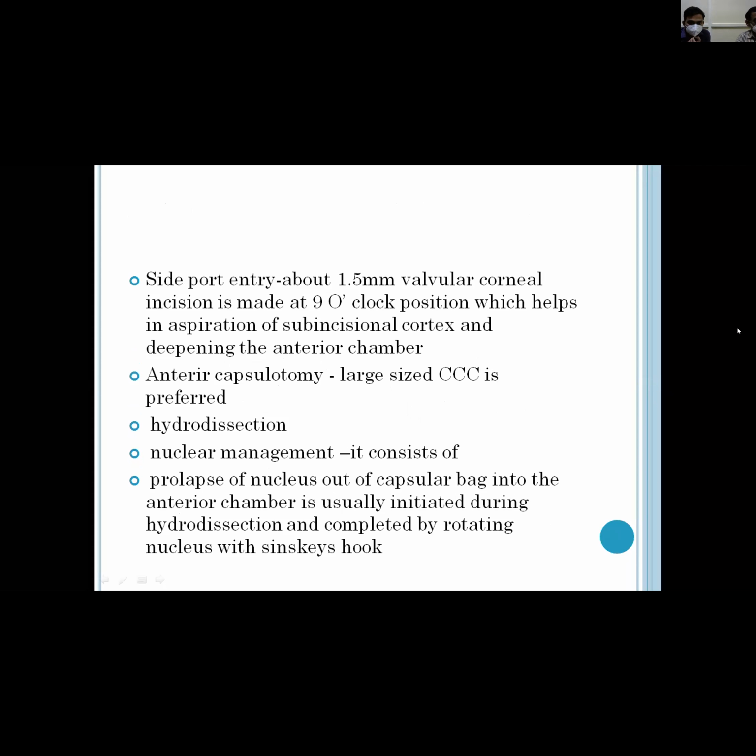So these are the questions we ask in the examination. That's the reason I'm telling you again. Purpose of hydrodissection. To separate corticonuclear mass from the posterior capsule. Very good. Nicely verified and mentioned. Okay. Next.